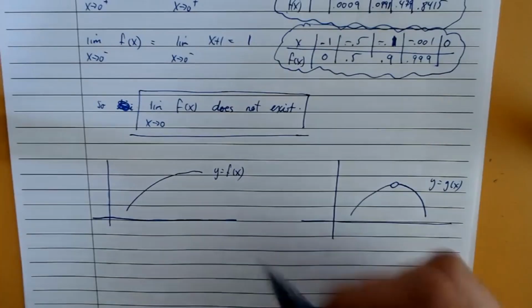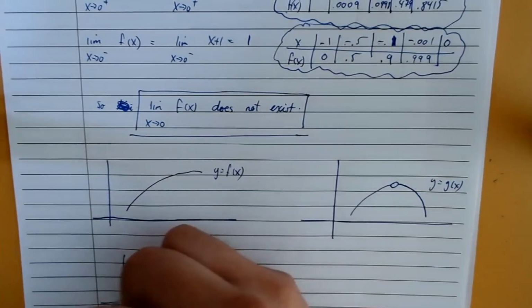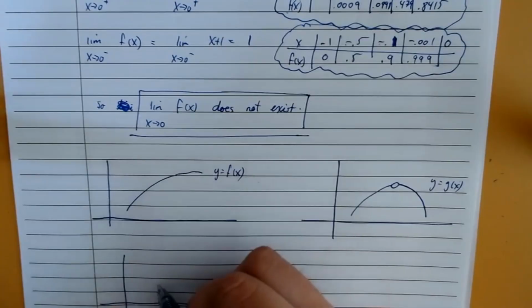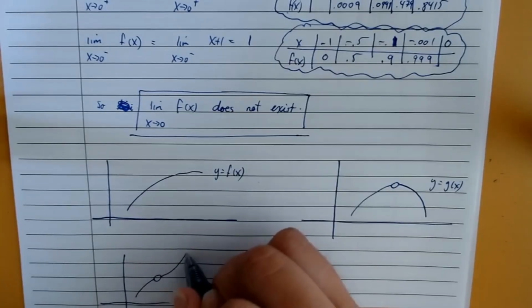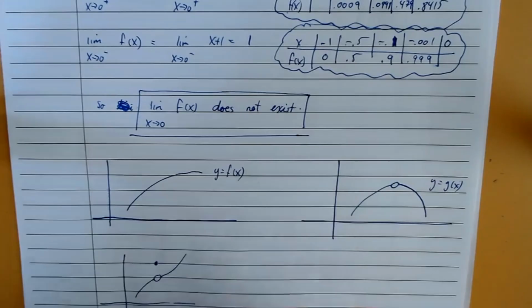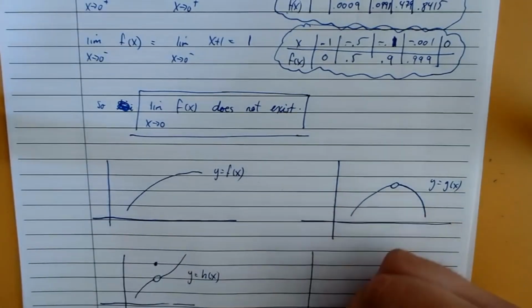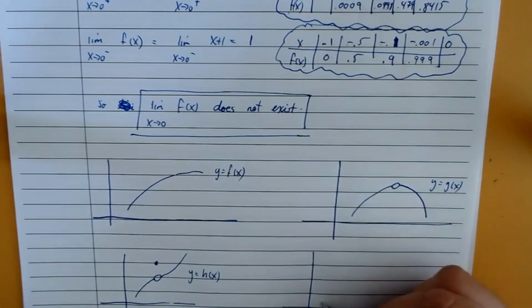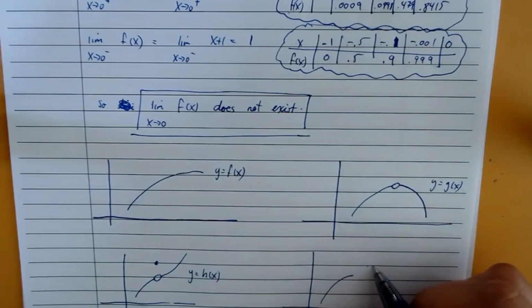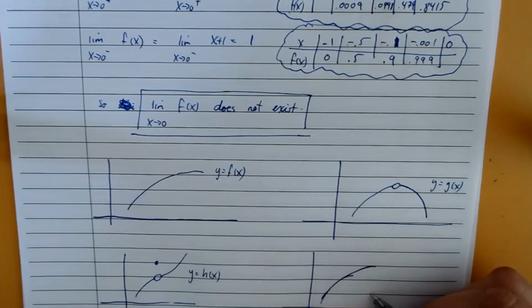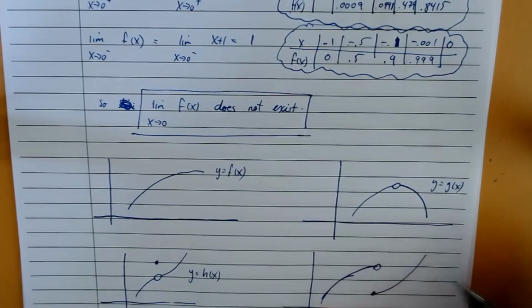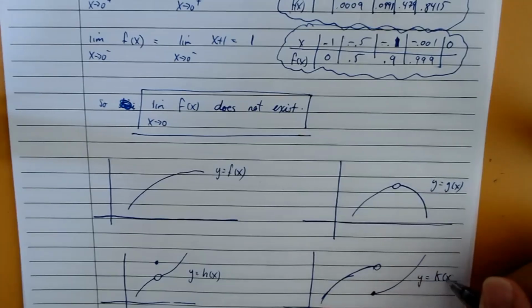Here's the graph of y equals h of x. And here's the graph of, let's say, y equals k of x.